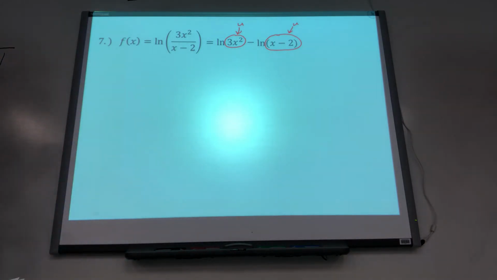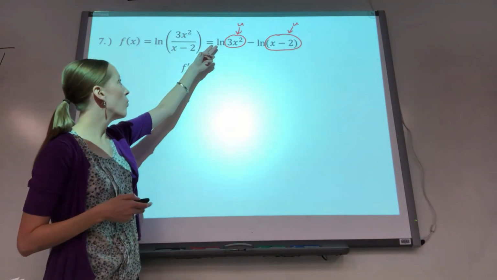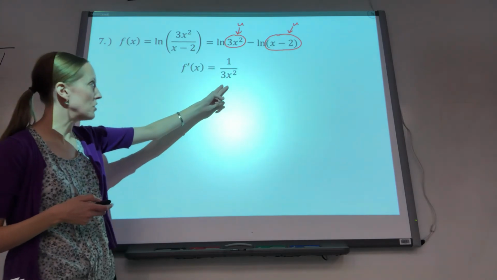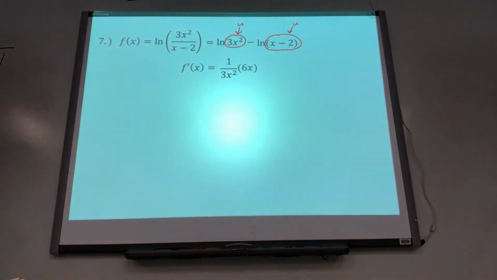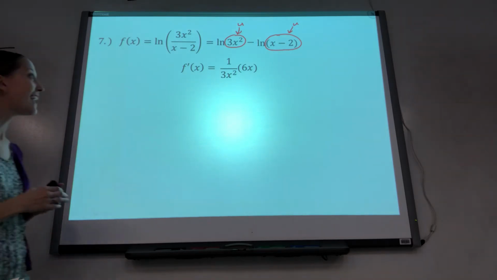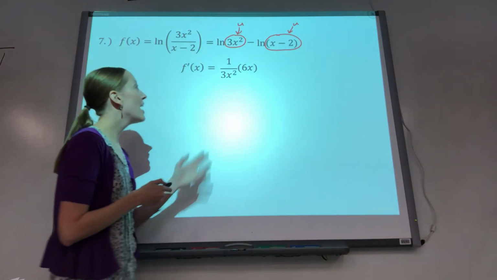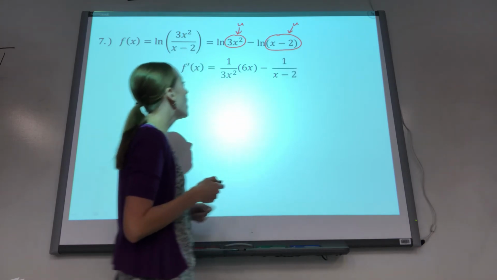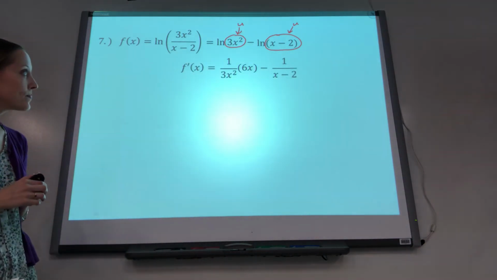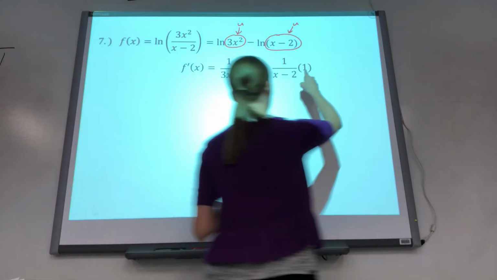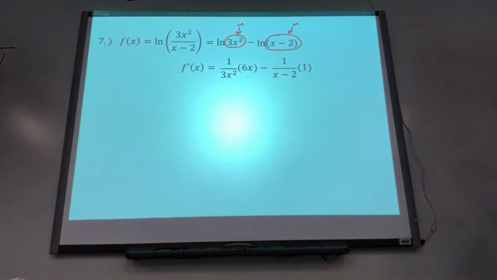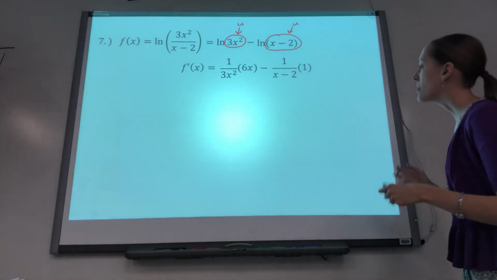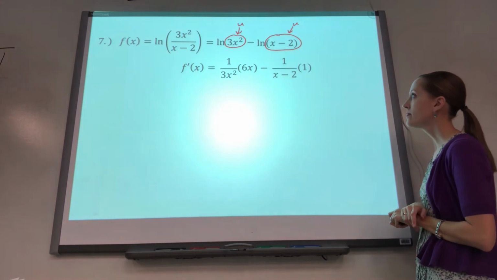And here we go. I'm going to take 1 over u, so 1 over 3x squared times the derivative of u, which is 6x. And then minus 1 over u times the derivative of u, which is just 1. Probably don't have to put it there.